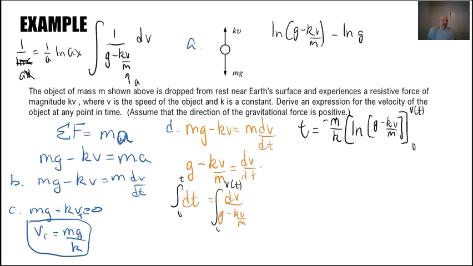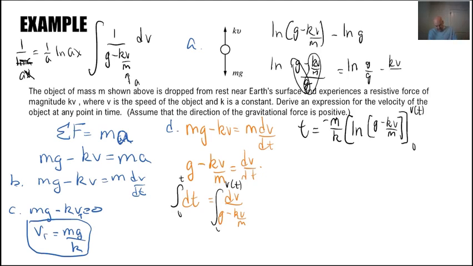Now, here's where you get into the idea of like, why do I have to do log properties in Algebra 2? Well, here's why. Because it's applied here in physics. Okay, so I get this natural log. So when I subtract, the first one becomes the numerator, second one becomes the denominator. And so I can do some of this, right? So we have kv over m. Okay, so I get natural log of g over g, right?